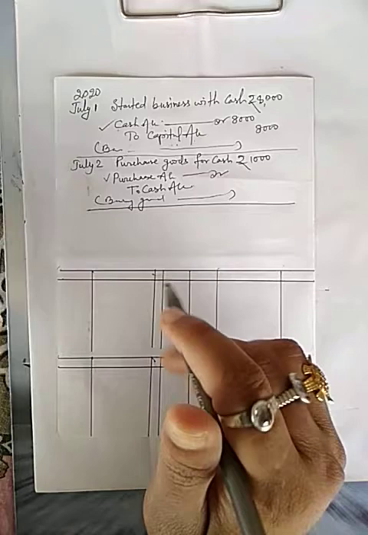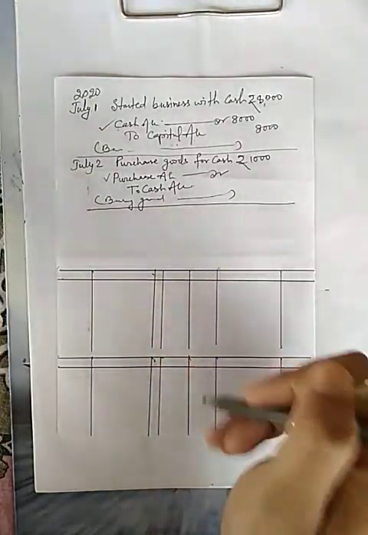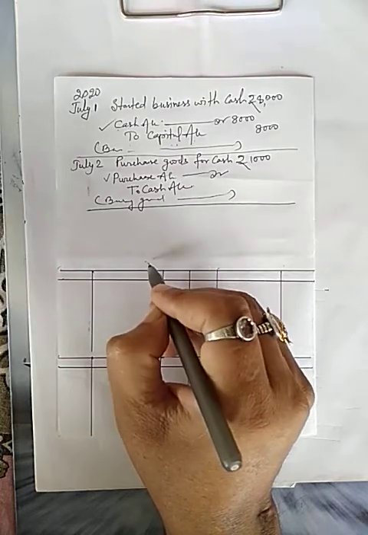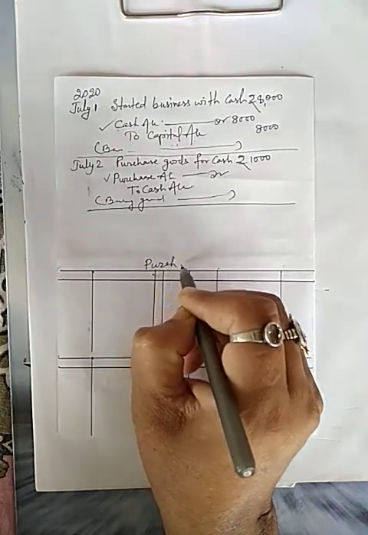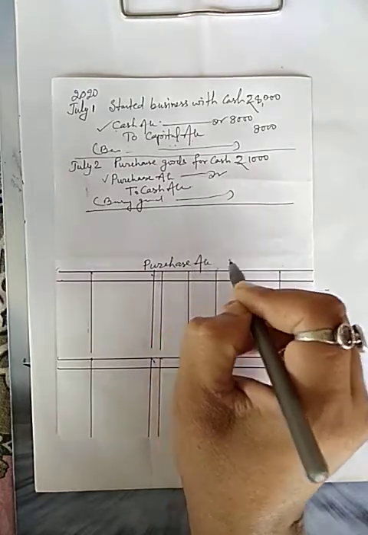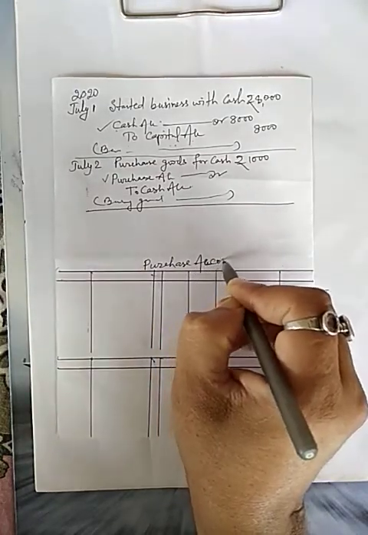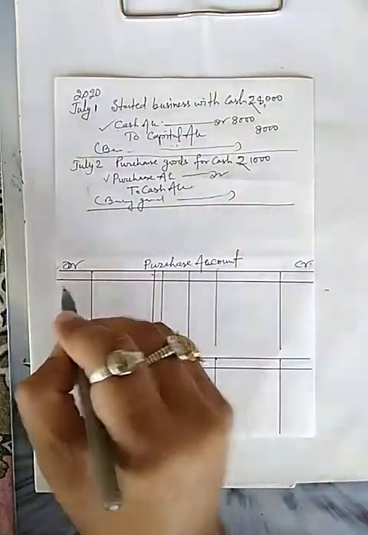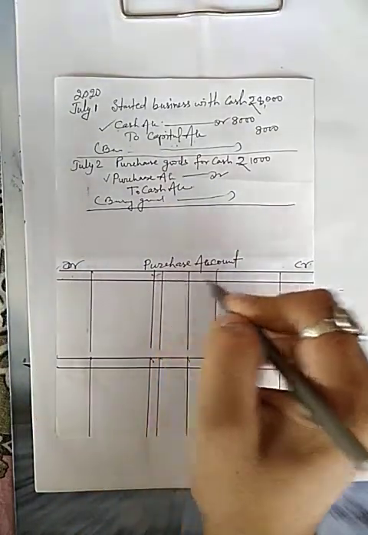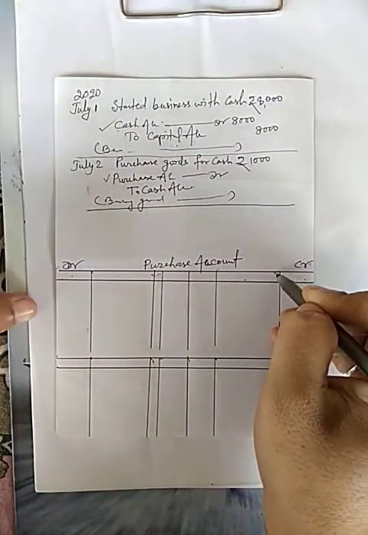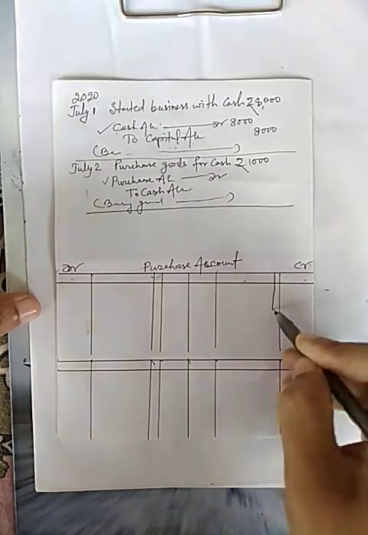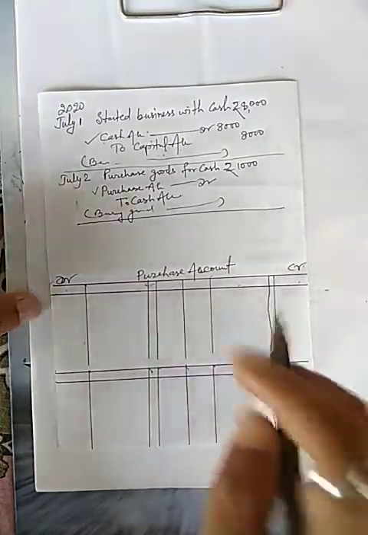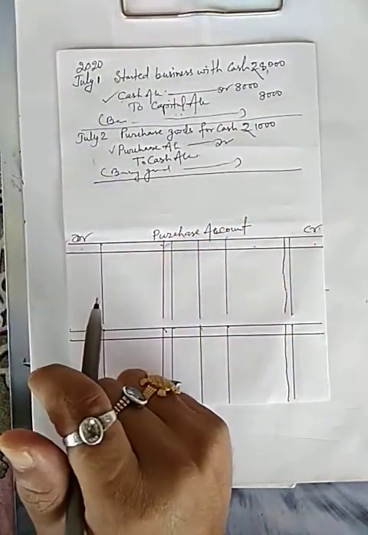I have prepared two accounts, so I have to open purchase account. This is debit side and this is credit side. Date, particular, JF, amount, date, particular, JF also, and amount.